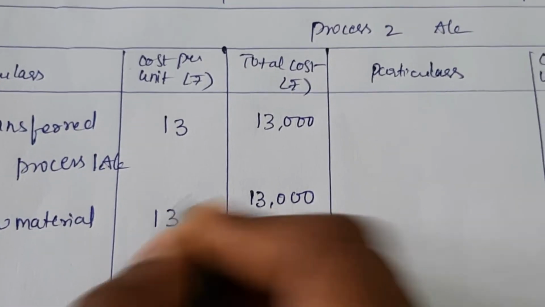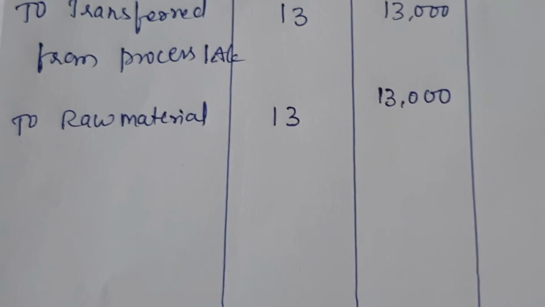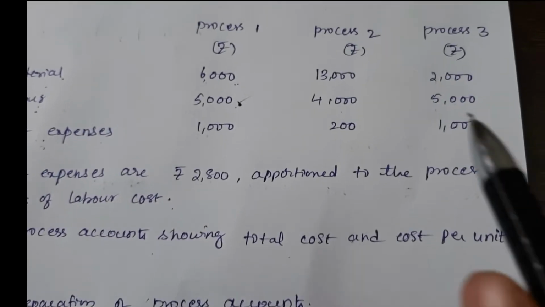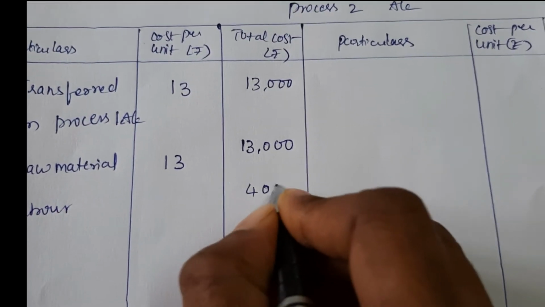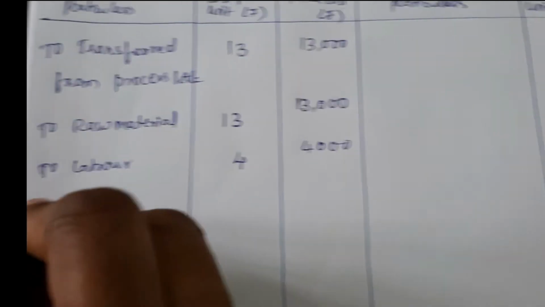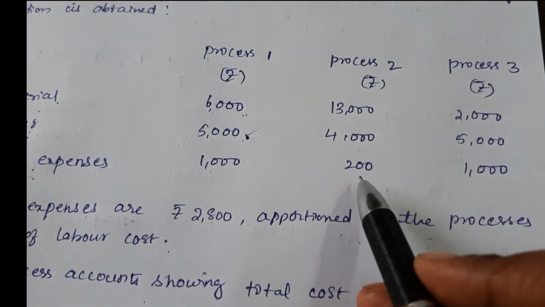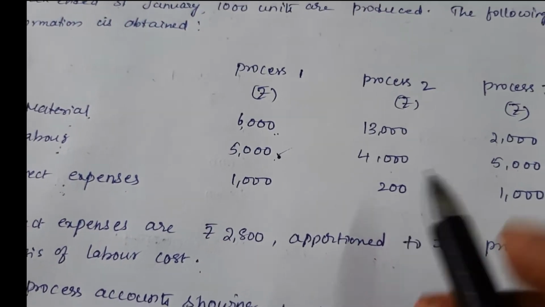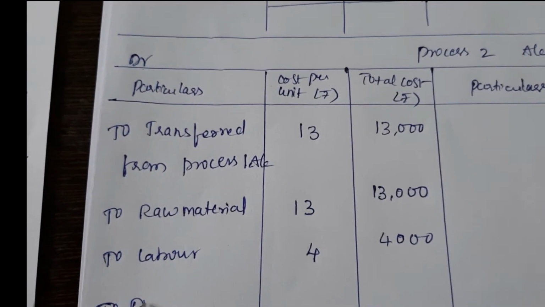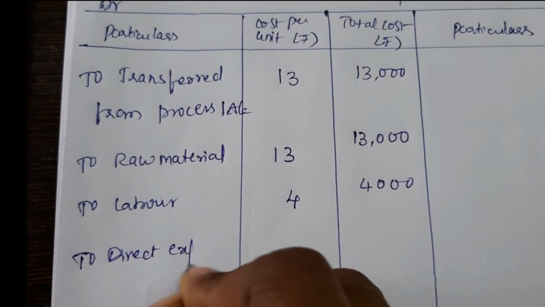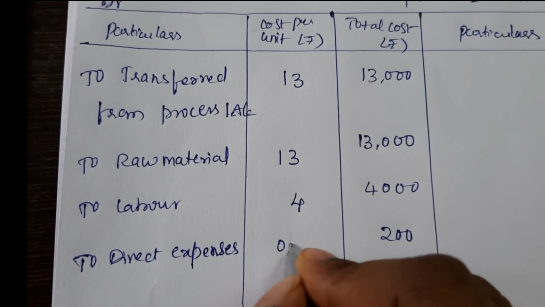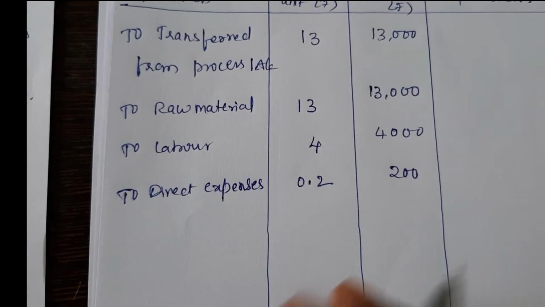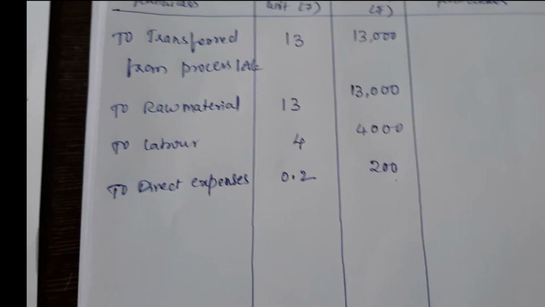So this will become rupees 13. Then labor cost rupees 4,000, so to labor 4,000, and this will become 4. Direct expenses rupees 2, so to direct expenses rupees 200. So this will become 0.2, 200 divided by 1000.